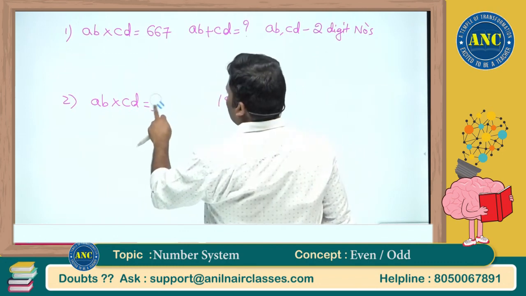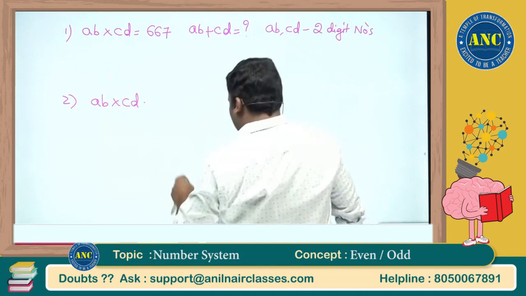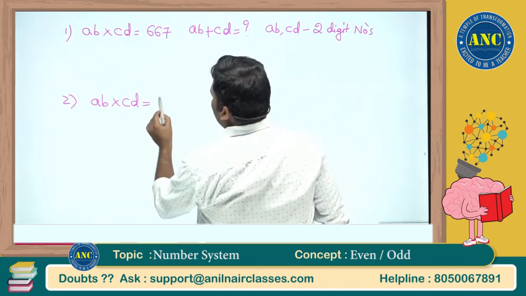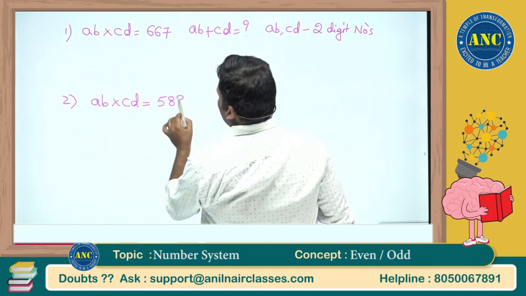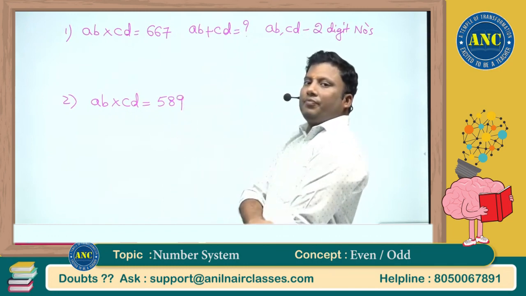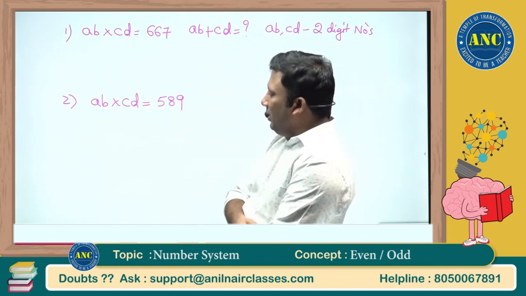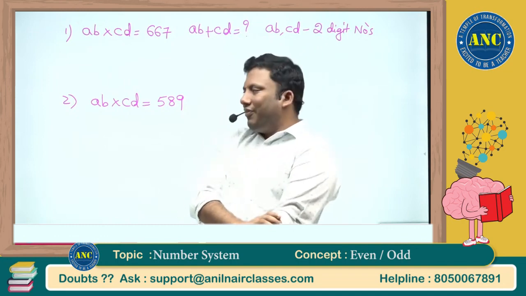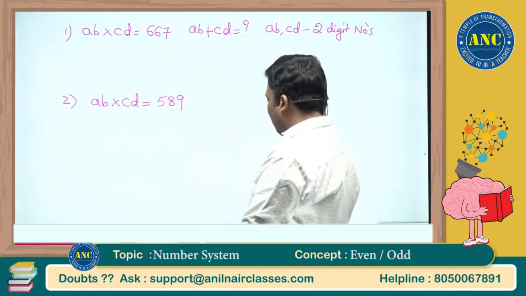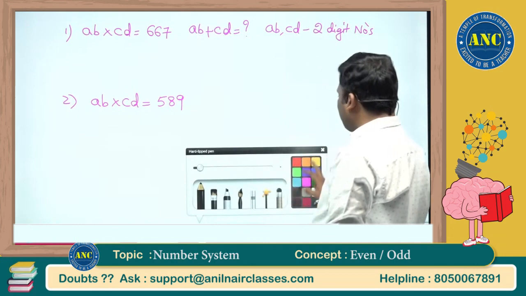The idea is, we will develop the idea based upon the question. AB into CD is equivalent to 589. Now, one by one, we will decode the values.